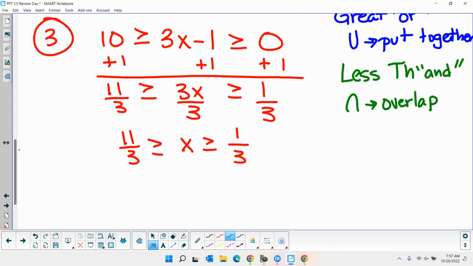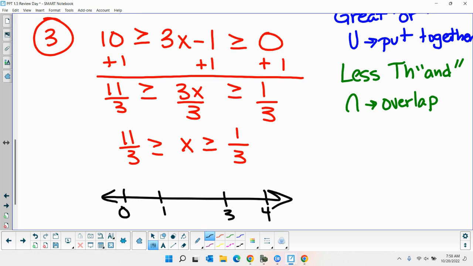Okay, so when I do my number line, 1/3 is between 0 and 1, and 11/3 is between 3 and 4, right? What's that, 3 2/3? Okay, so 11/3 would be here.